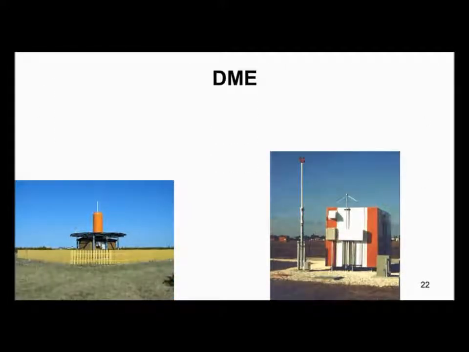All right, DME is a three-letter abbreviation for distance measuring equipment. DME is usually located at two kinds of places. One, they co-locate them at VORs, like Clovis VOR has a DME.